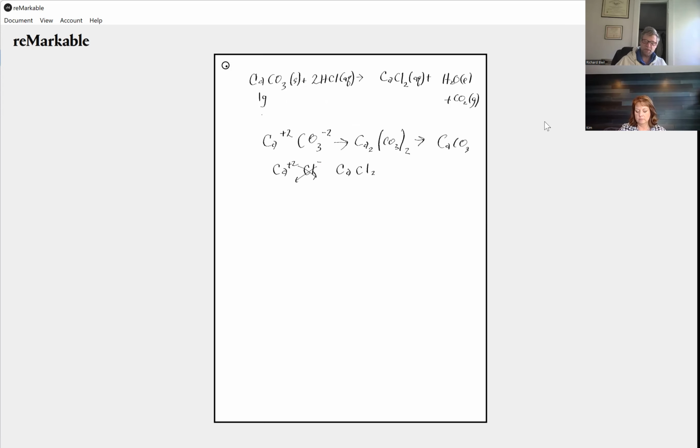We're going to belch because we're giving off gas. How many milliliters of gas are we giving off in our reaction here? How many milliliters of gas are in that burp?